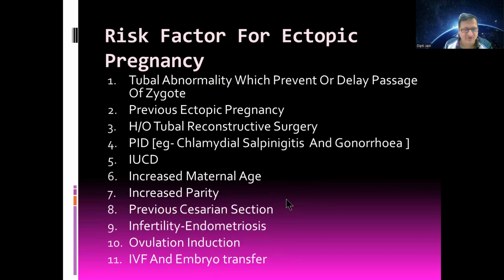Risk factors of ectopic pregnancy are various, because of that there is increasing prevalence of ectopic pregnancies nowadays.